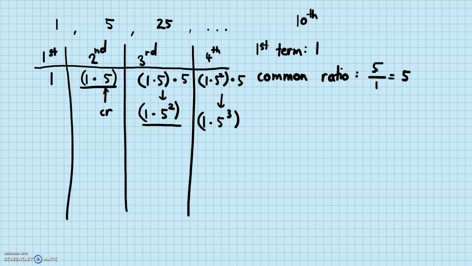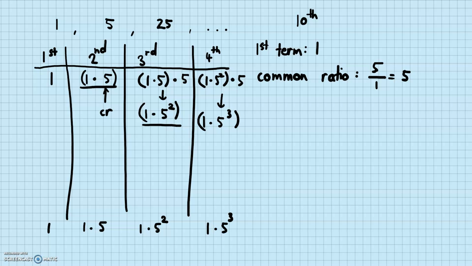And now you're starting to see the pattern here. For the first term, we just had 1. For the second term, we had 1 times 5. For the third term, we had 1 times 5 squared. For the fourth term, we had 1 times 5 cubed.